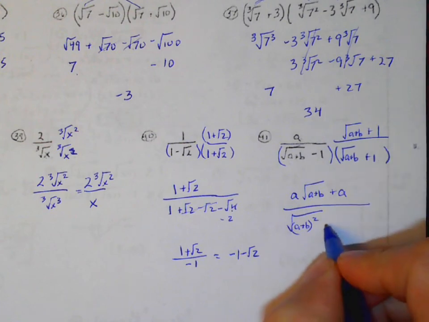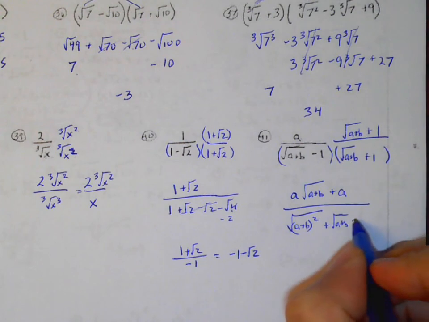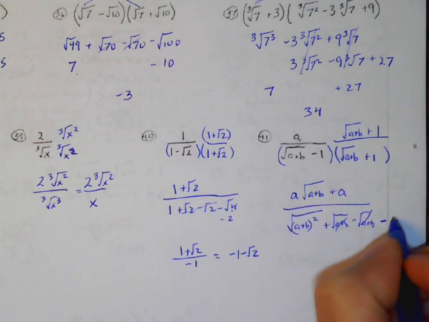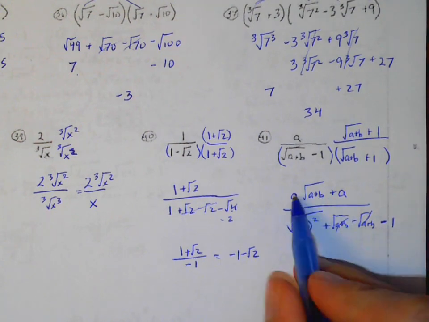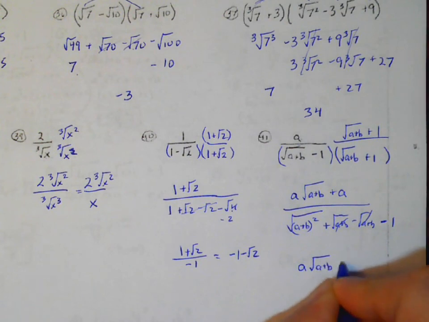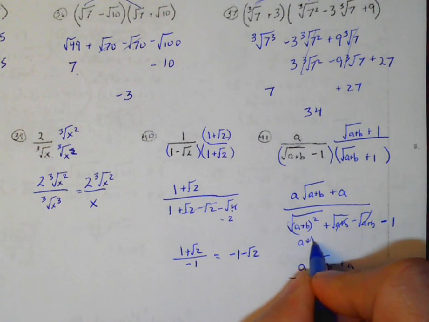And this would be plus the square root of a plus b minus the square root of a plus b, so those cancel, and we get minus 1. Okay, so nothing I can do there on the top. Square and square root cancel, so we just have a plus b minus 1.